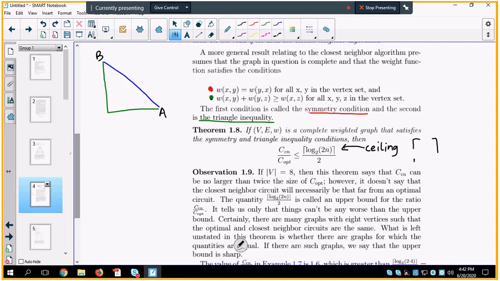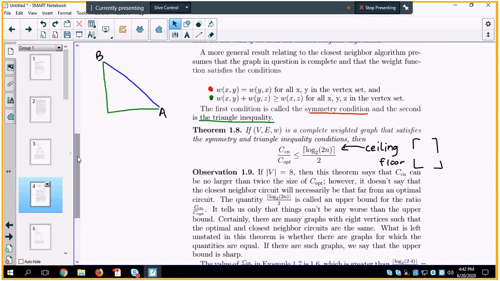Floor function is this one. So the ceiling of log base 2 of 2n divided by 2. Okay, so ceiling function means that we go to the next integer up always. So it doesn't matter if we're closer to the one below or the one above, we round up.